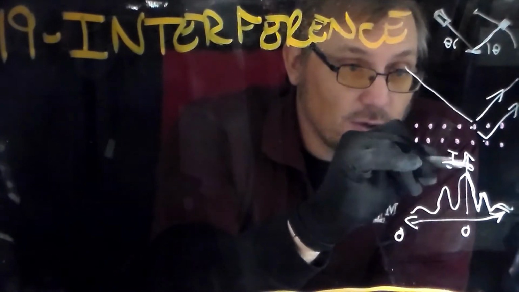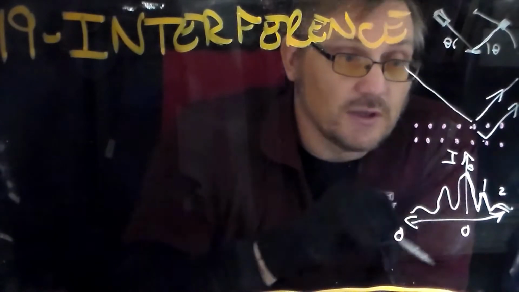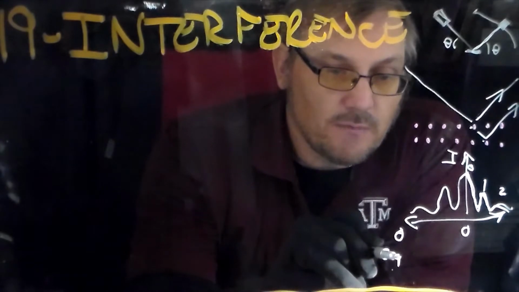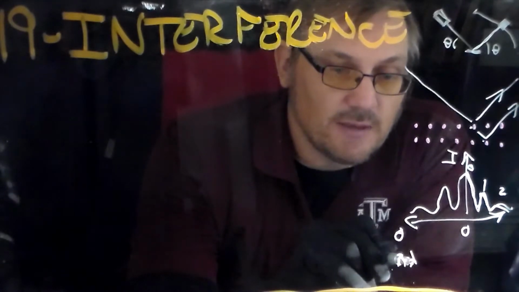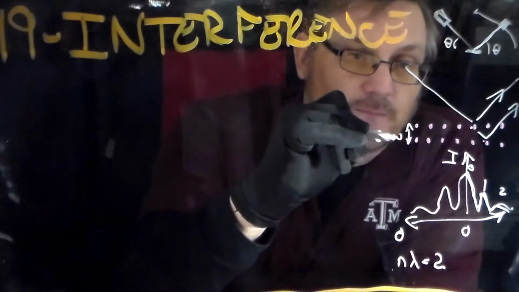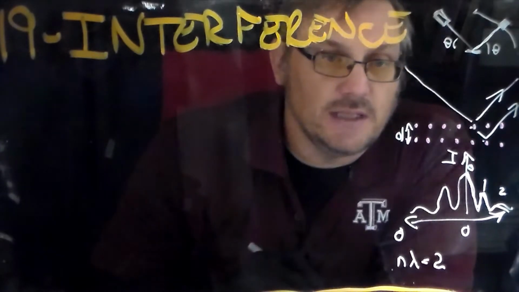So if you look at these peaks, so this would be peak 0, 1, 2, and you can look at these peaks as they go along, what you get is peak number n times lambda is equal to twice the lattice spacing. So this is called the lattice spacing, d.